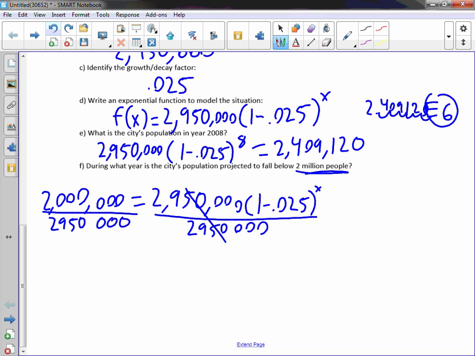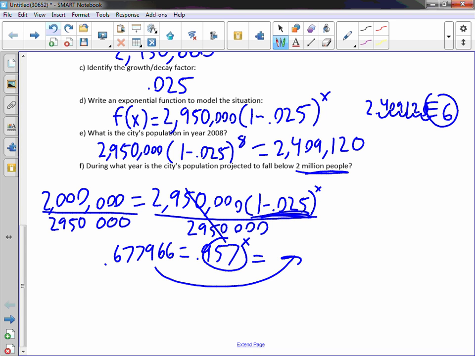We'll get 0.677966 equals, and then when we do this part inside parentheses, we'll get 0.957 to the x power. From here, we're going to log it. Again, if you want to put this over on this side and do the Snell method, that's perfectly fine.